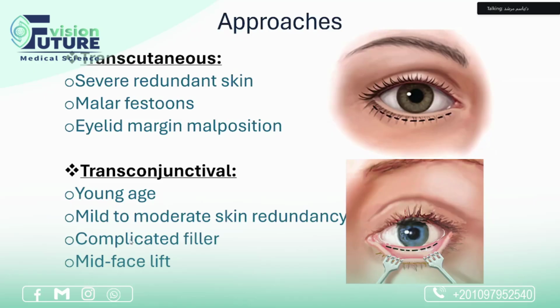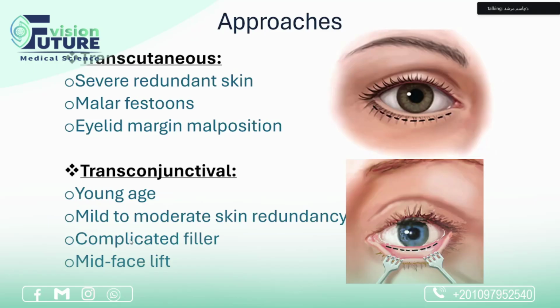Also, in cases of severe malar festoons, this is another indication to go transcutaneous. However, transconjunctivally, you can also manage those malar festoons. And of course, if you have any eyelid margin malposition or abnormality, and also there is some sort of redundant skin, that's when you need to go transcutaneous.